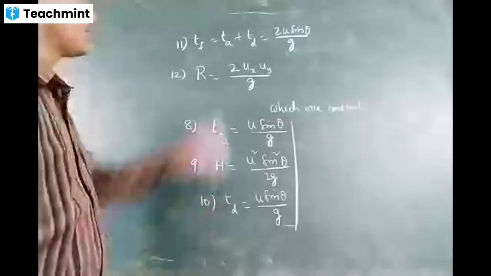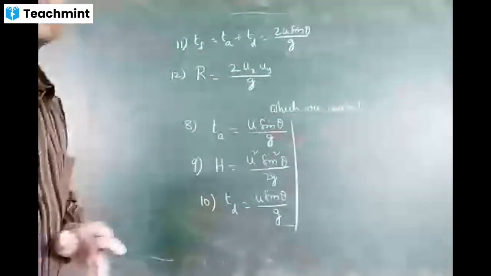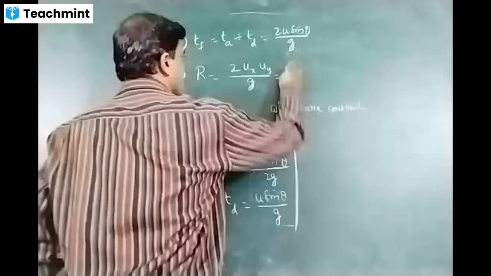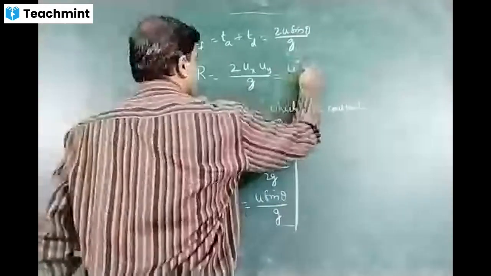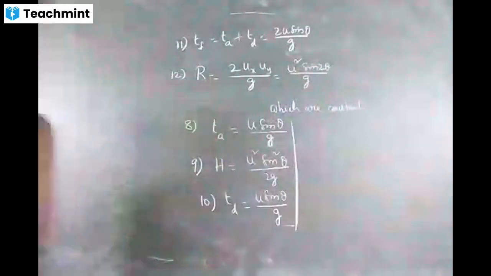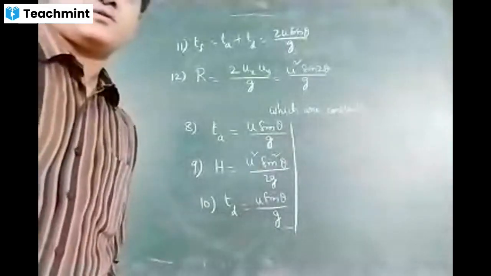What is the formula for range in terms of ux and uy? The formula is 2ux into uy by g, which is also equal to u square sin 2 theta by g.